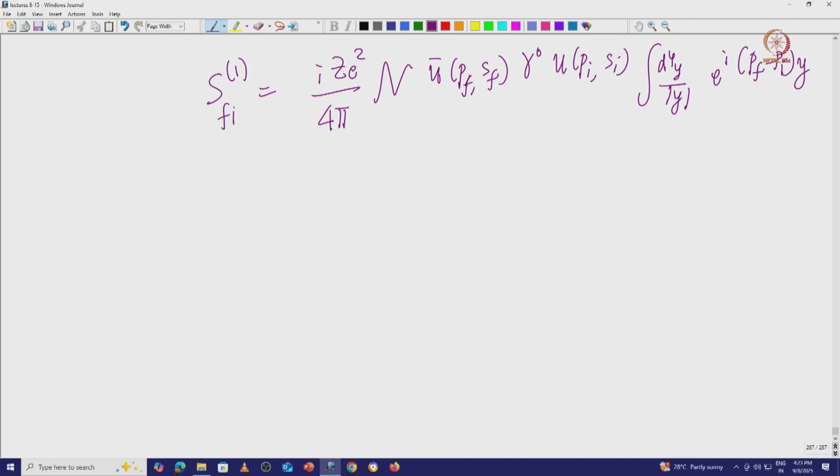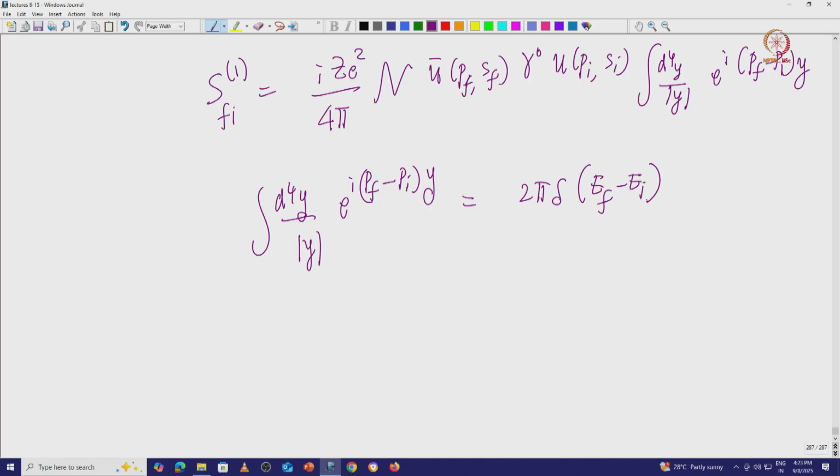Now this integral you can solve: the integral d^4 y e^{i(p_f minus p_i)y} is equal to 2 pi delta(E_f minus E_i) times 4 pi over mod q squared.